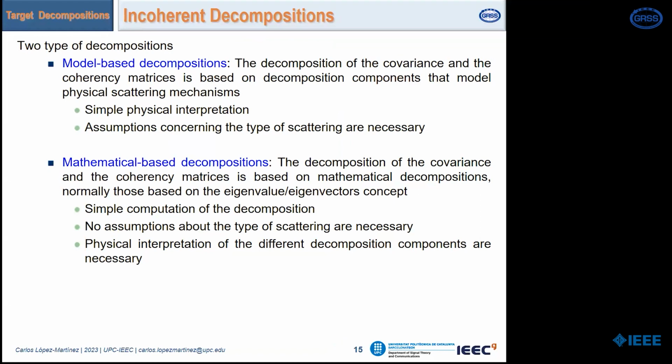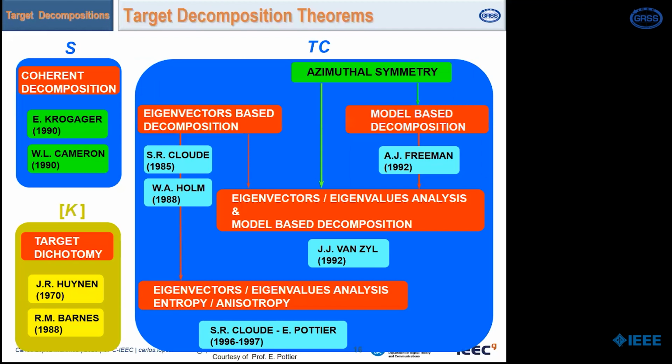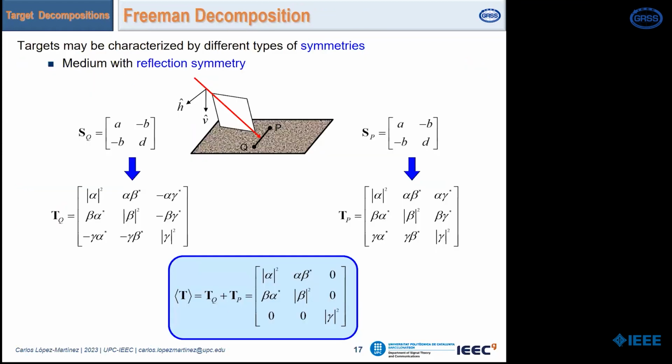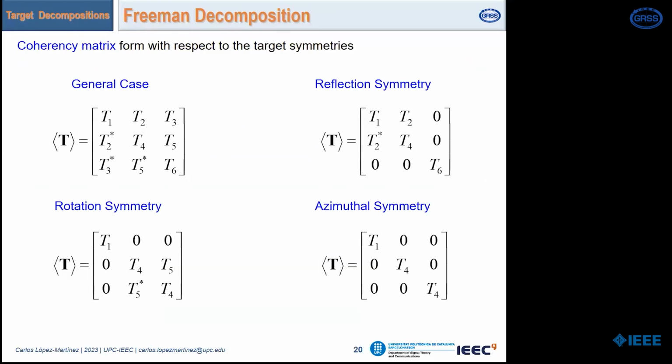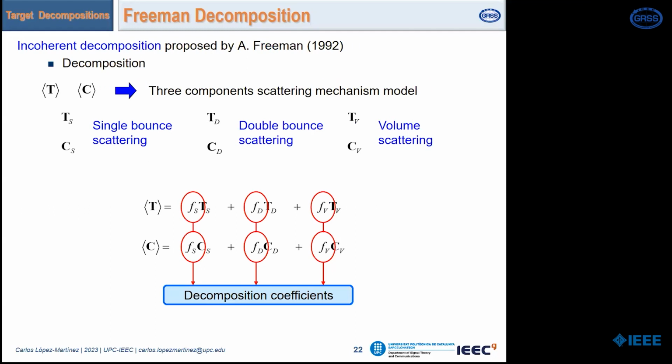We have model-based decompositions, in which I use a physical interpretation, or mathematically-based decompositions, in which the decomposition is imposed mathematically. This is a map of the target decomposition theorems. I will skip this, because it is not important.